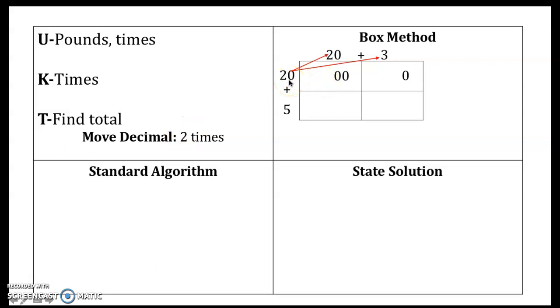So our first step whenever we're using box method is we look at our digits right here and we see how many zeros we're going to need to add into our box. So over here we've got 20 multiplied by 20. I see that there's 2 zeros that are going to be in that product. I see 20 times 3. There's 1 zero in that product. On our lower half with our digit 5, we multiply our digit 5 by 20. We're going to get 1 zero.